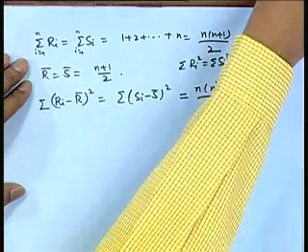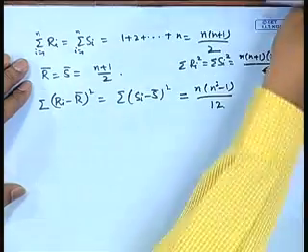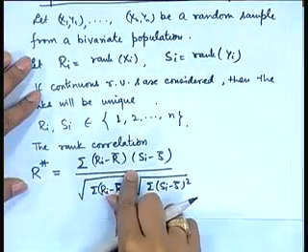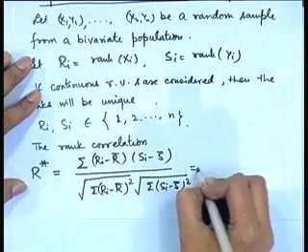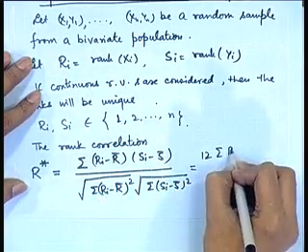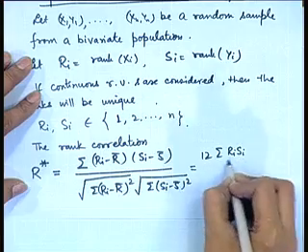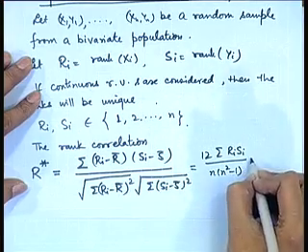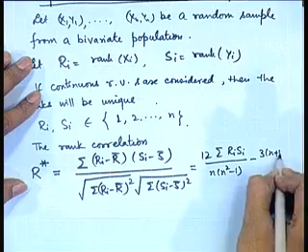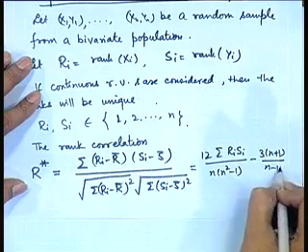So, if we substitute these values in this particular formula for R star, this turns out to be 12 into sigma Ri Si divided by n into n square minus 1, minus 3 into n plus 1 by n minus 1.